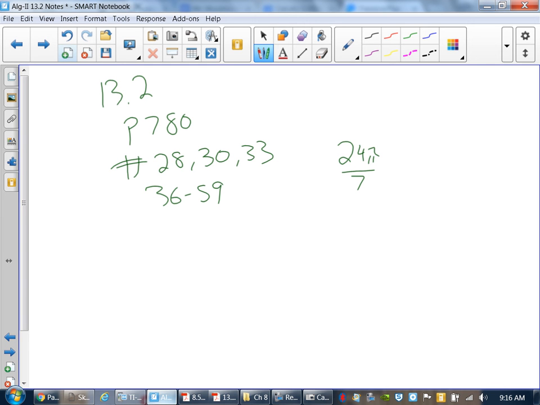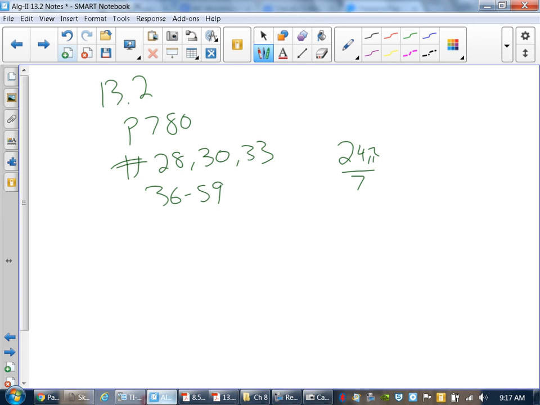I'll show you how that will work real quick after I write those down. The 36 through 59, the majority of that chunk of numbers is just converting between radians and degrees, or degrees to radians. It seems like a lot there, but it's a lot of one-step simplify-the-fraction type things.